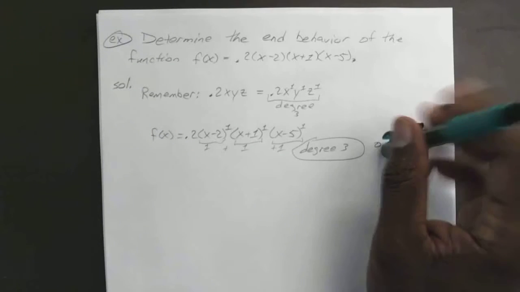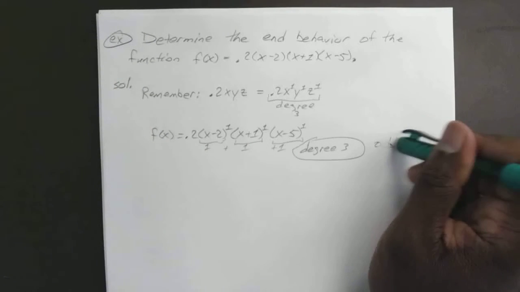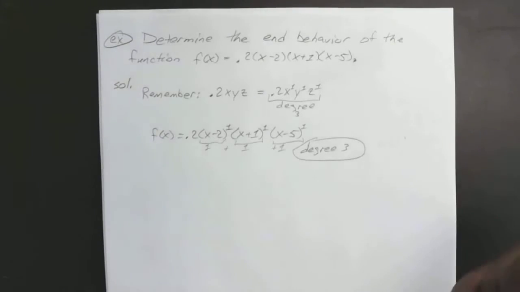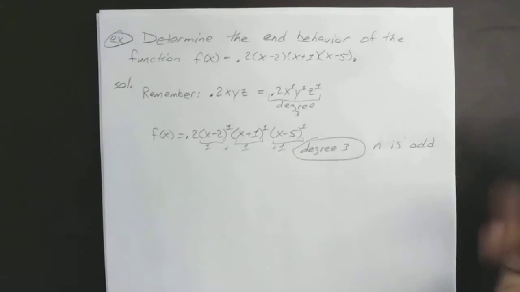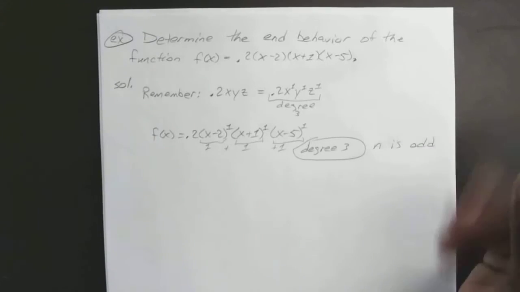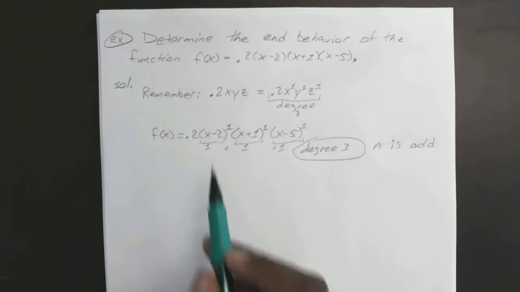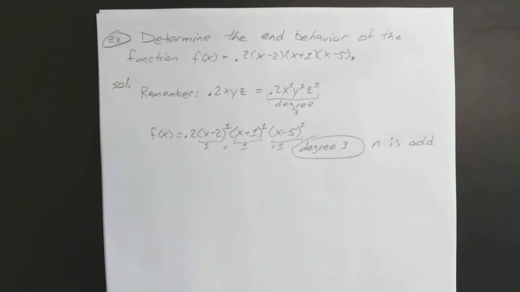All right. So we know it's degree 3, so n is odd. Remember, if we did all the FOIL and distributing and everything else, we'd end up with an x to the third as our highest exponent.